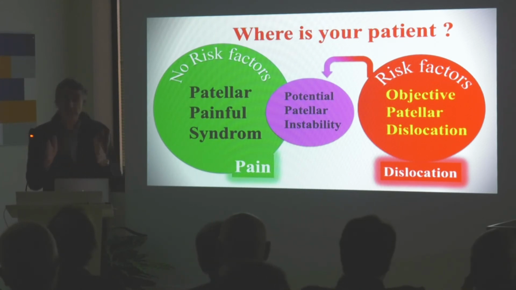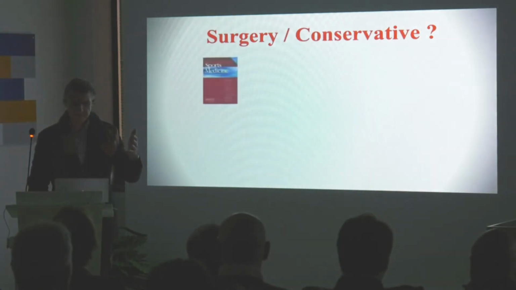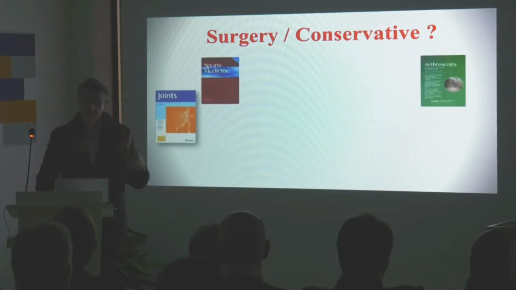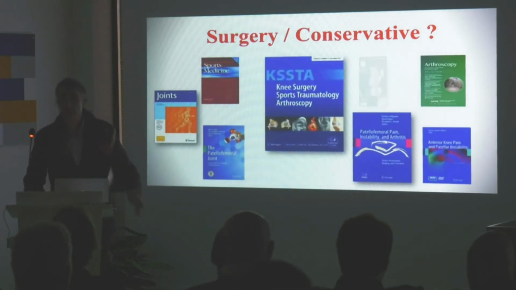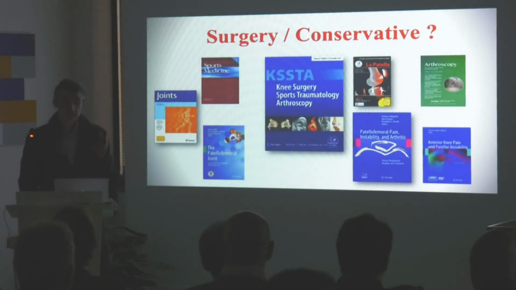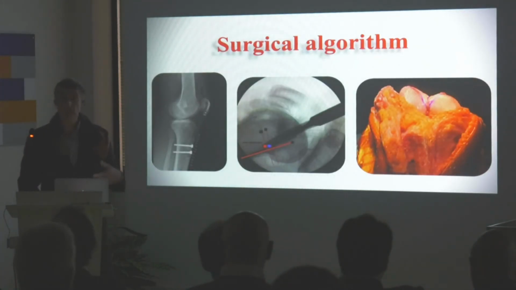So this is maybe the population where you can ask for surgery. And in between, this is the potential patellar instability. So surgery or conservative treatment, you have many things to read and to understand what you can do.